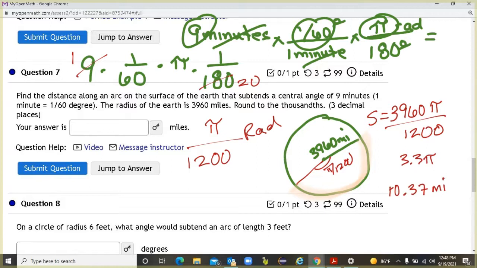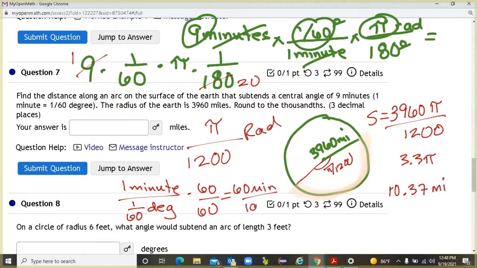So 9 minutes, it says 1 minute is 1/60th of a degree, right? So 1 minute is 1/60th of a degree. So if we were to multiply this by 60 over 60, I'm just trying to make it look better. That would be that 60 minutes is 1 degree. So let's do this.